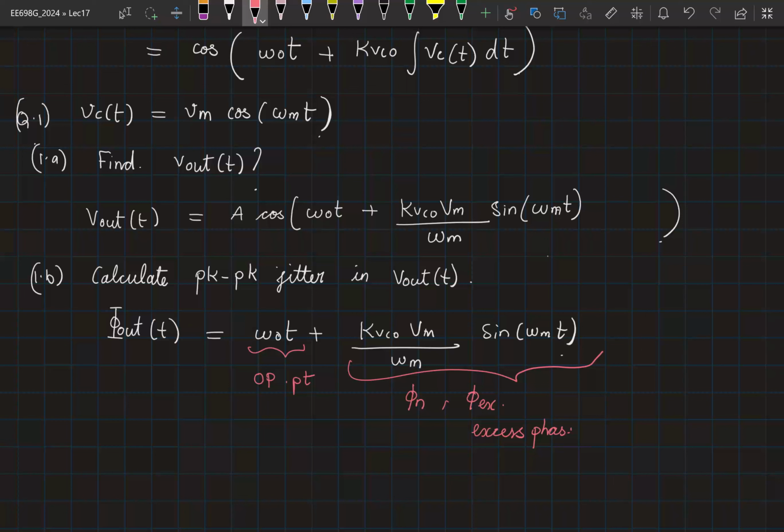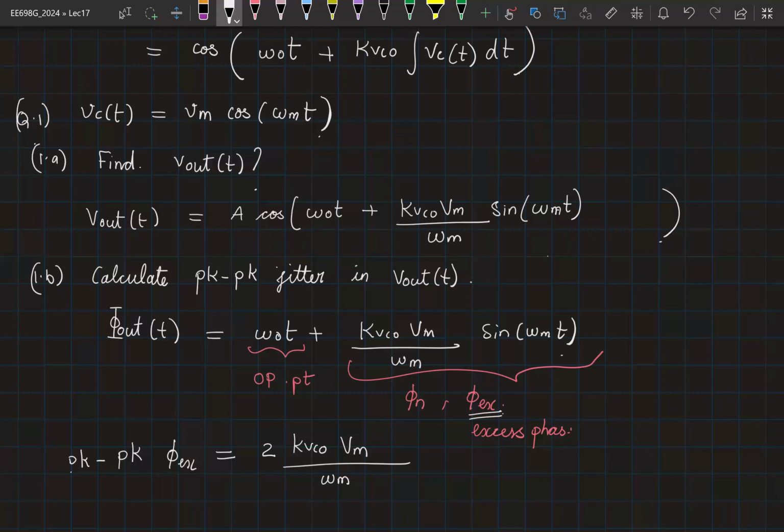Okay. So now in this particular case, because this is very intentional, I'll go ahead and simply call it the excess phase. Now can you tell me what is the peak value for the excess phase? That is kVCO Vm divided by omega m. So what would be the peak to peak value?